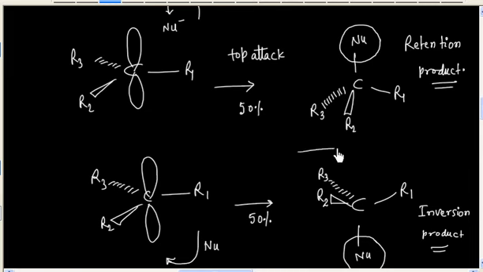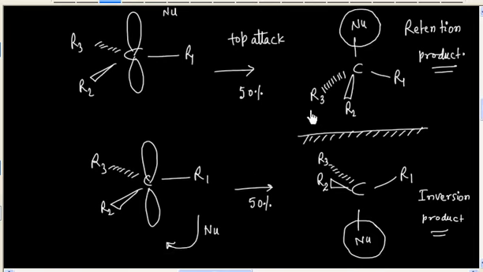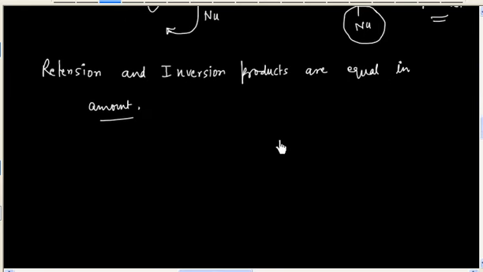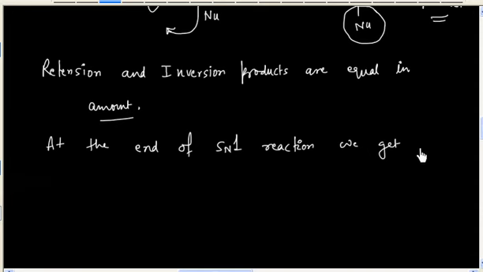And these two products are mirror image. That is, we will have a set of enantiomers as formed after the reaction, and they are in equal amount. So finally we will have a racemic mixture. So we can say at the end of SN1 reaction we get a racemic mixture.